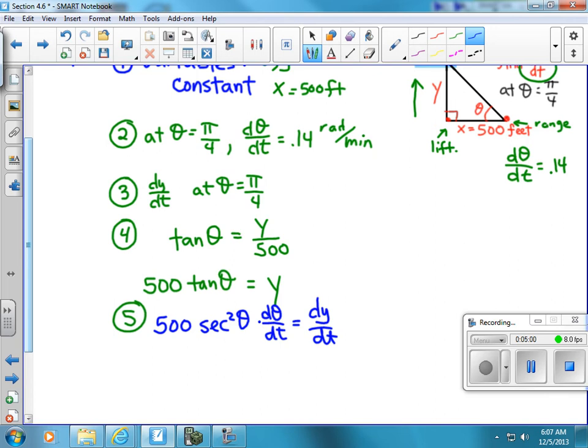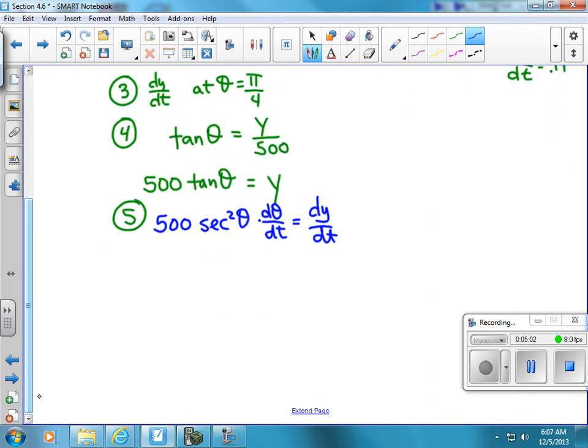And now we're going to plug in the numbers we know, which is all of them except what we're looking for, and then we'll get an answer. So this is number 6 where we evaluate the rate with the given values. 500 secant squared of pi over 4 times 0.14 equals what we want to know.